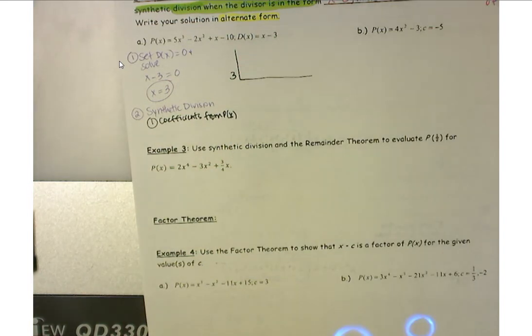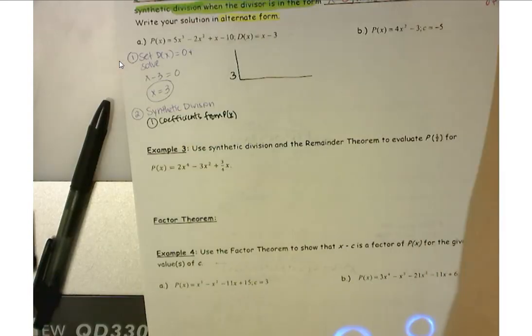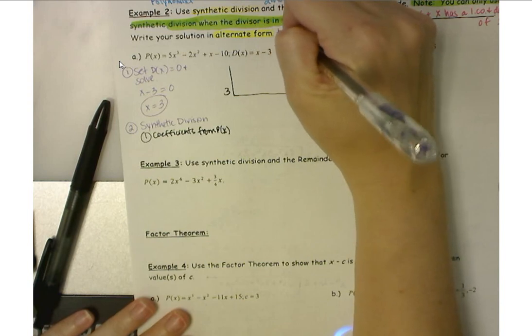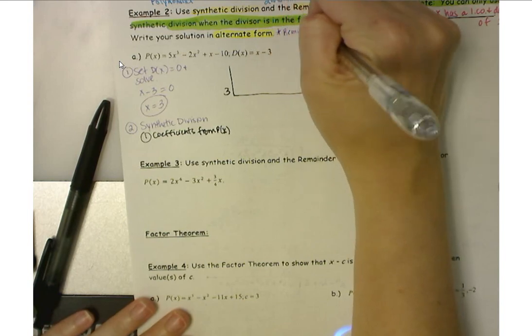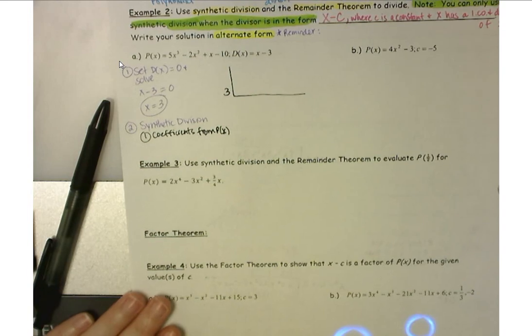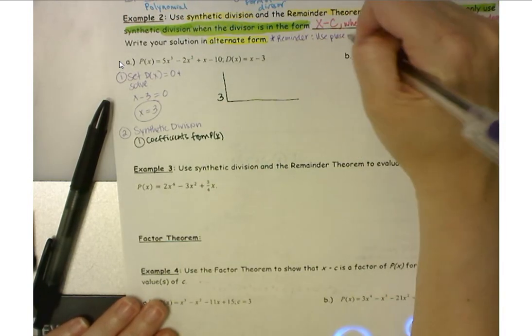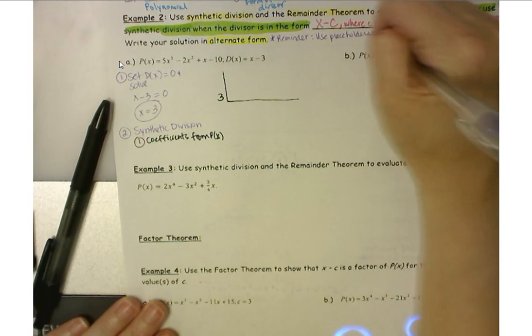And what do you have to be careful of? Okay, yeah, so taking your negative. What else? Yeah, if there's a term that's missing. Okay, so let's write ourselves a little reminder down here. As a reminder, you need to use your placeholders. So use placeholders for missing terms.